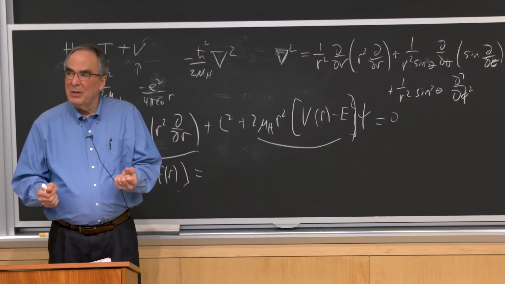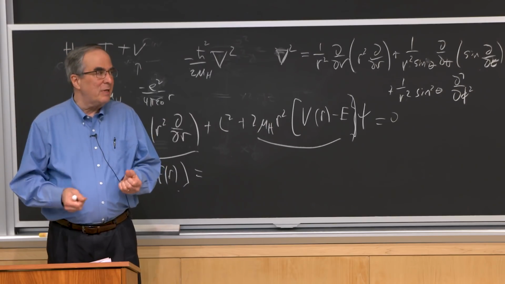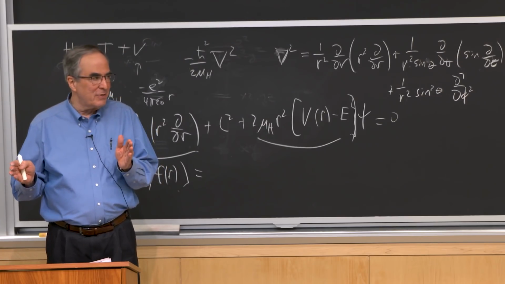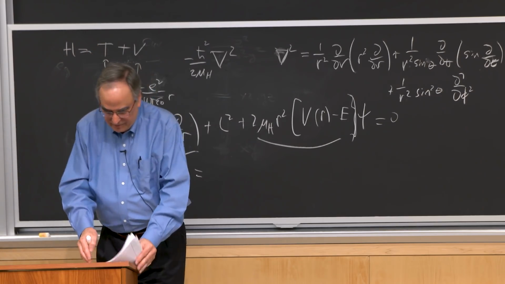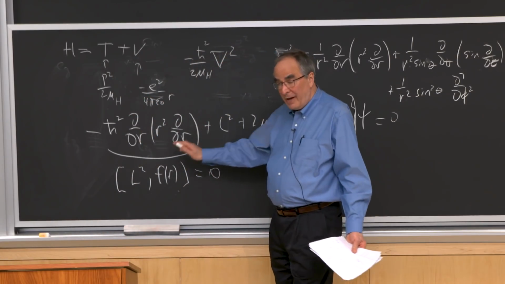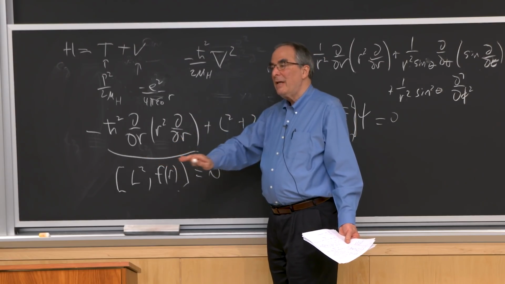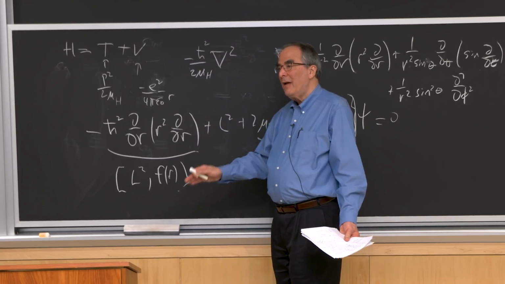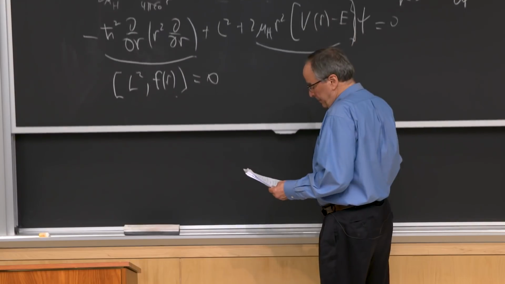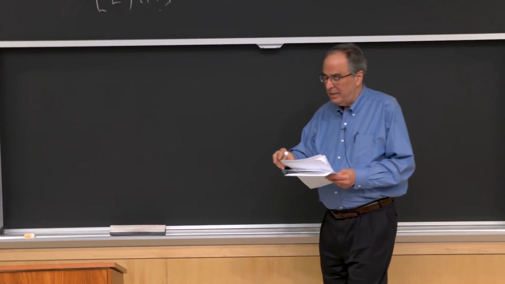And when they do, they commute with each other, which is an incredibly convenient thing because that means we can set up the problem as a product of eigenfunctions of the different operators. So this means that we can write a theta phi term, which we completely know, and an r term, which we don't know, and contains all of the interesting stuff. So let's forget about theta and phi. Let's just look at the r part.